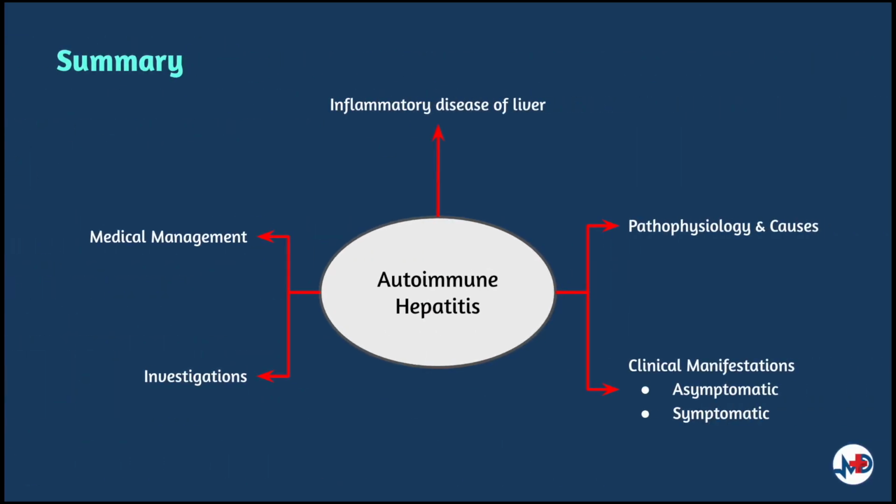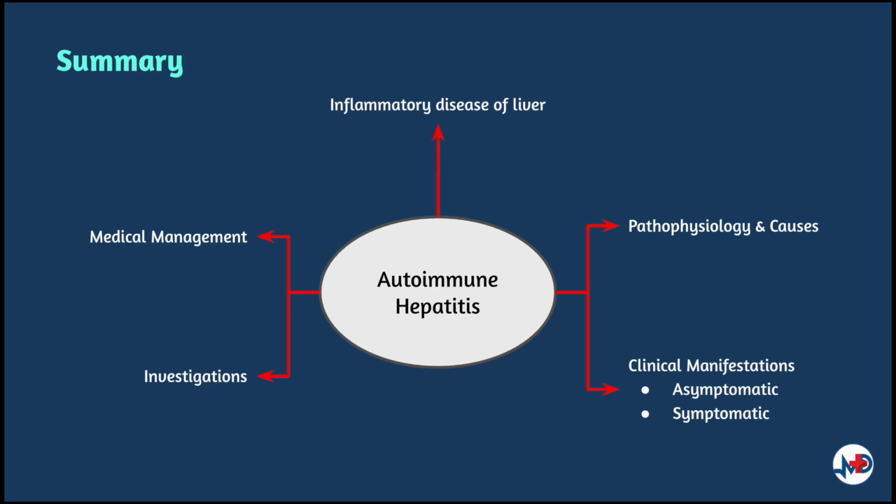Let's summarize. Autoimmune hepatitis is a chronic progressive inflammatory disease of the liver which has the tendency to develop into cirrhosis, and this happens due to circulating antibodies. We have looked at the pathophysiology and causes, where autoimmune hepatitis can be classified into 3 different types based on the different autoantibodies that cause the different inflammation.